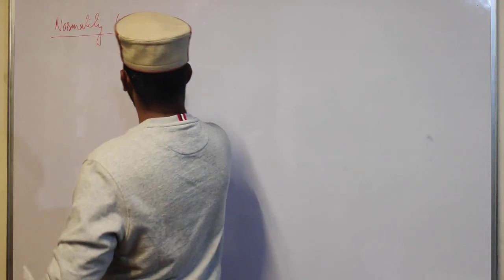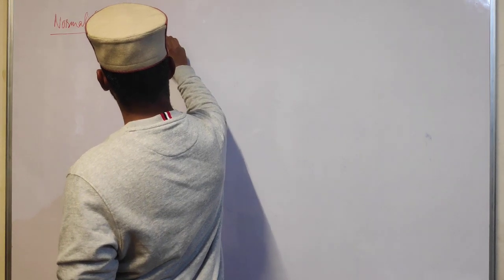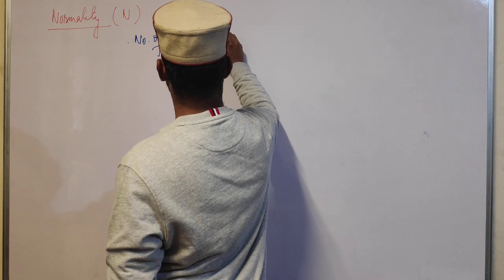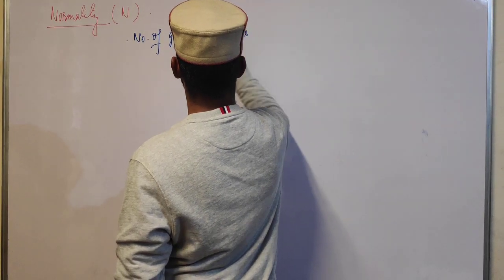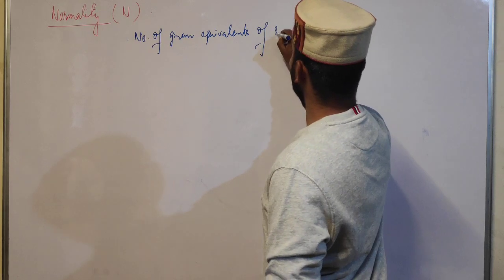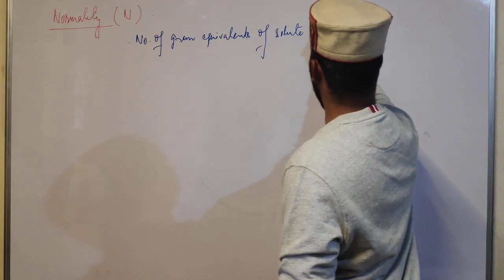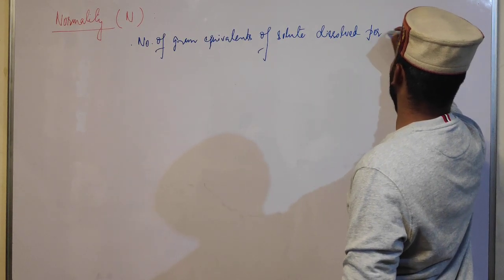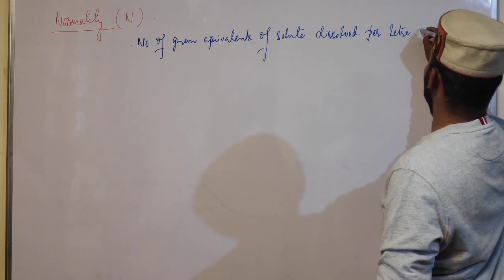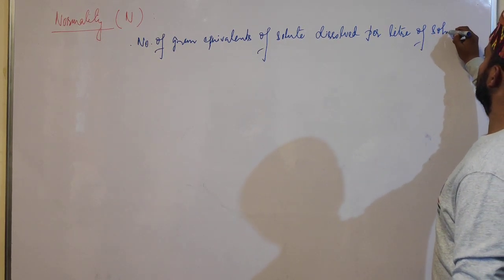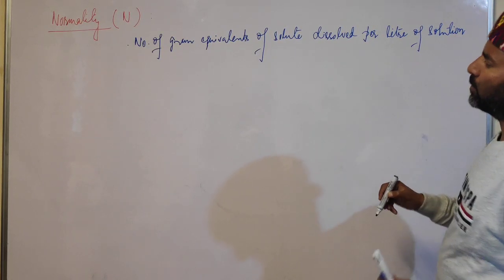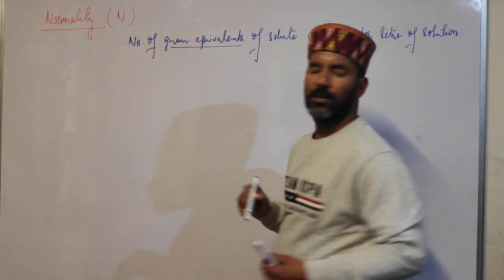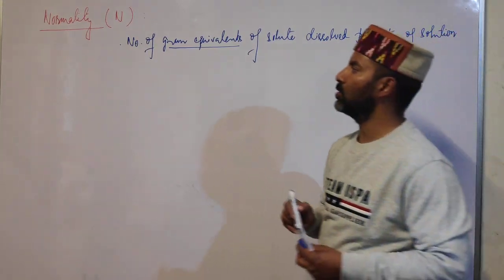So normality is the number of gram equivalents of solute dissolved per liter of solution. So this method is similar to molarity. The only difference is the amount of solute is expressed in gram equivalents, not moles.